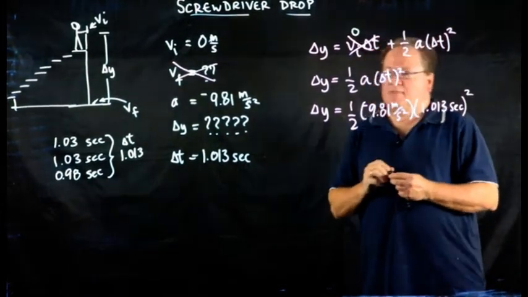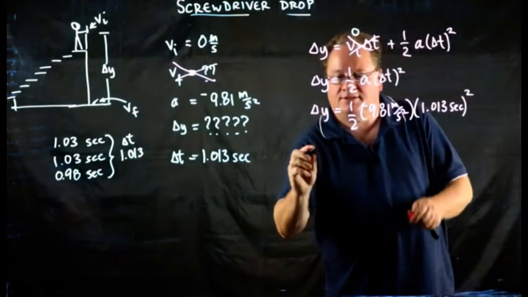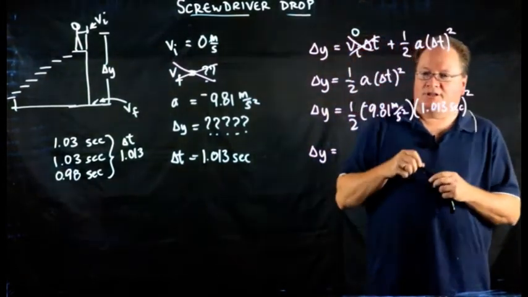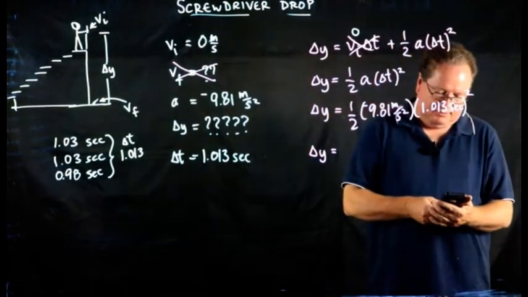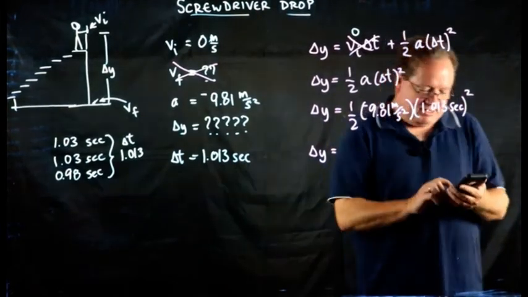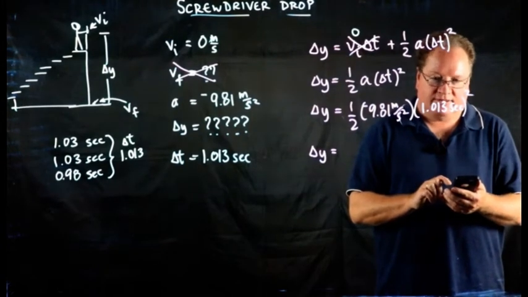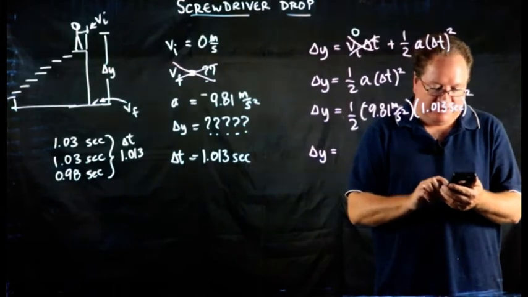Okay? Just plugging in my values is all I did here. So my delta y then is going to equal, I'm going to say 1.013 times the same number because I got to square it.